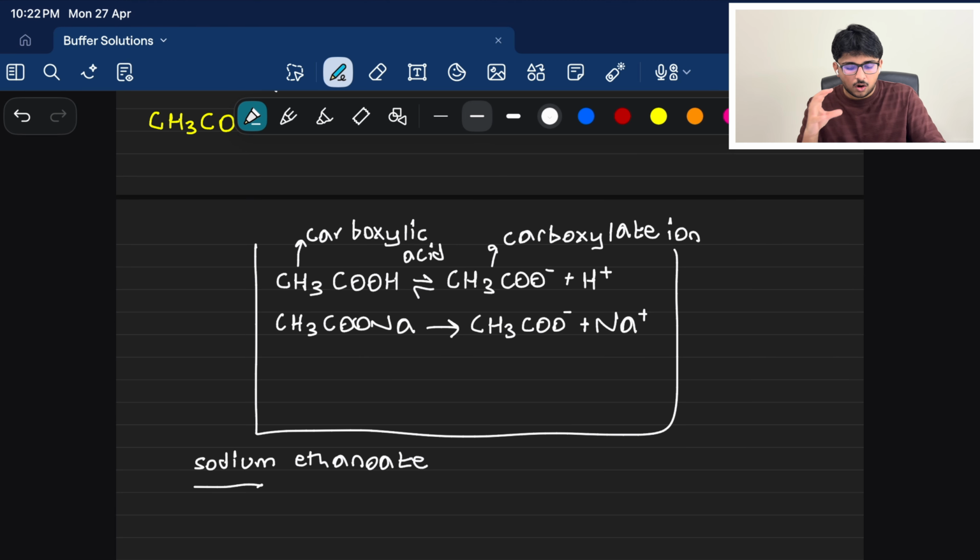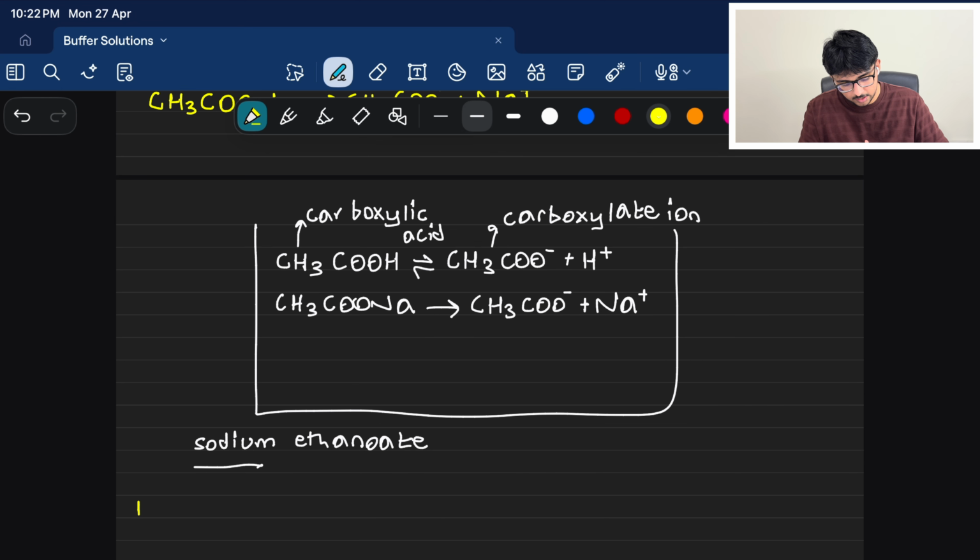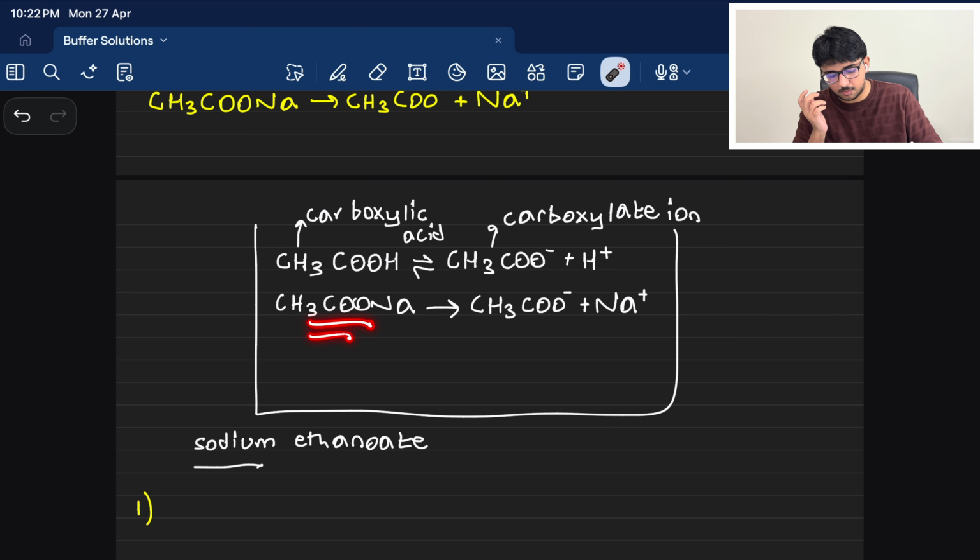Now let's take a look at all of the features that we can see in this acidic buffer. So number one, you can clearly see lots of ethanoate ions, right? Every single sodium ethanoate molecule has dissociated into ethanoate. And plus you also have some ethanoate ions because of the dissociation of the weak acid.